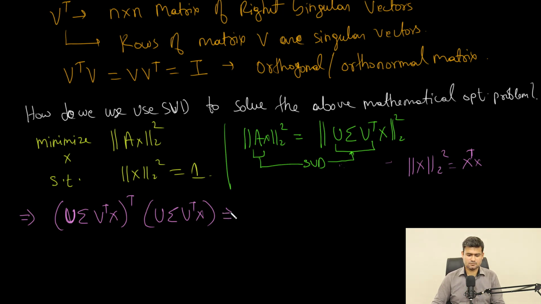So this gives us x transpose times V times sigma transpose times U transpose times U times sigma times V transpose times x, where we use the property of the matrix U, which is an orthogonal matrix, that U transpose U is an identity matrix.